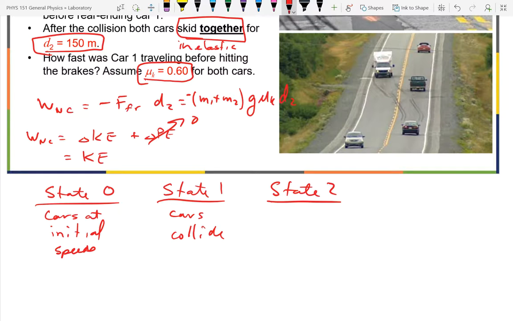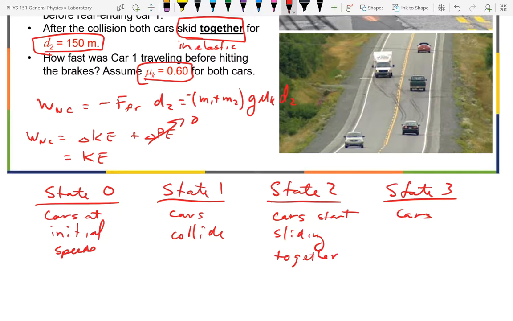State 2, cars start sliding together. And state 3, cars come to rest. I'm defining these explicitly so I can use some subscripts that make some sense to me.